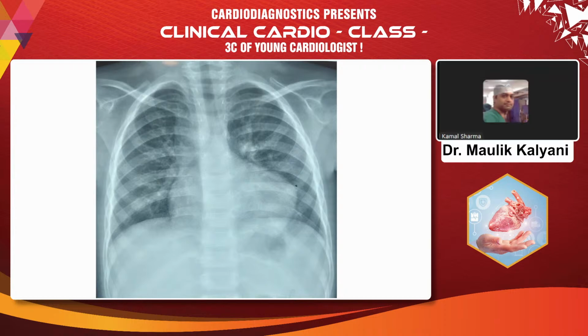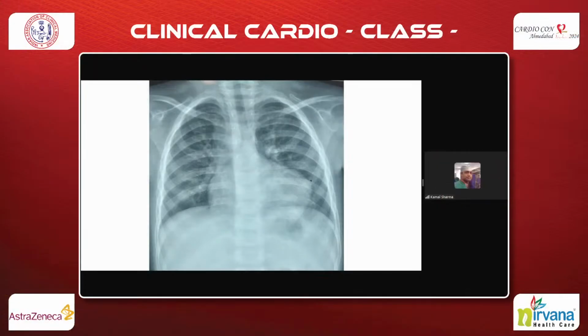Which disorder has the commonest association with right-sided aortic arch? Truncus. Truncus arteriosus.